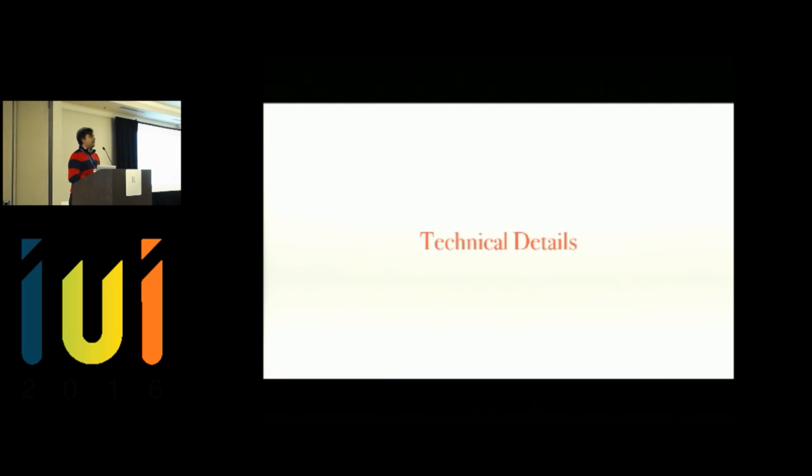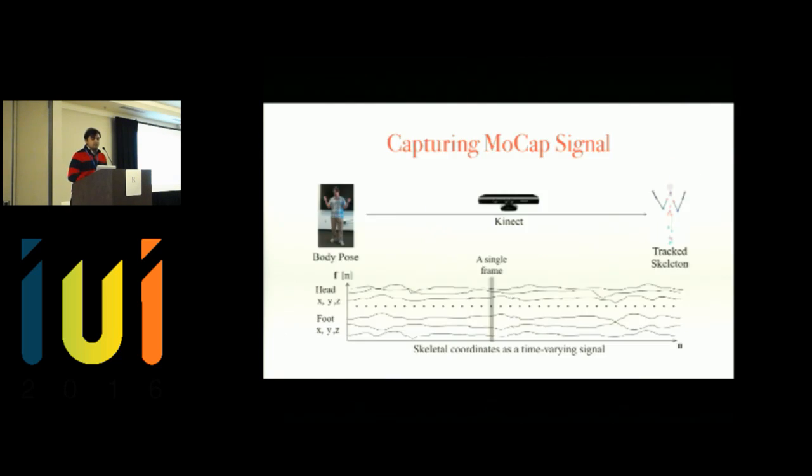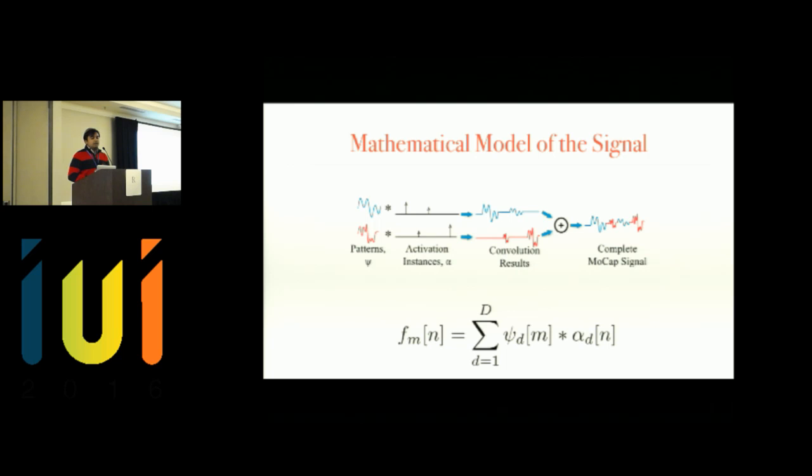So how did we make the system? We used Kinect to capture 20 body joint locations, and all the body joints were captured in X, Y, Z coordinates, and we make a signal out of this called the mocap or motion capture signal. Now we made a mathematical model to model this data.